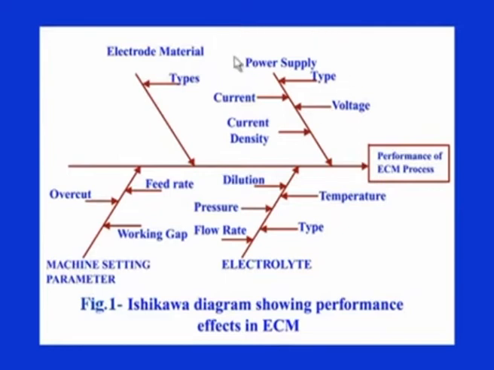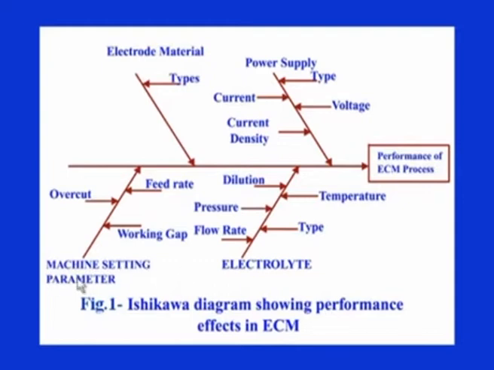Then the power supply based parameters, like the type of power supply, the voltage applied, which is usually around 10 volt, then the current, which depends on a number of other parameters as we have already discussed, and the material removal rate as well as the finish will depend heavily on this current. The current density means per unit area.